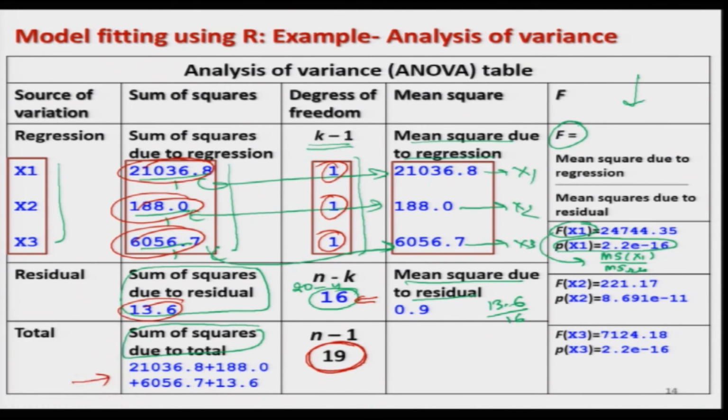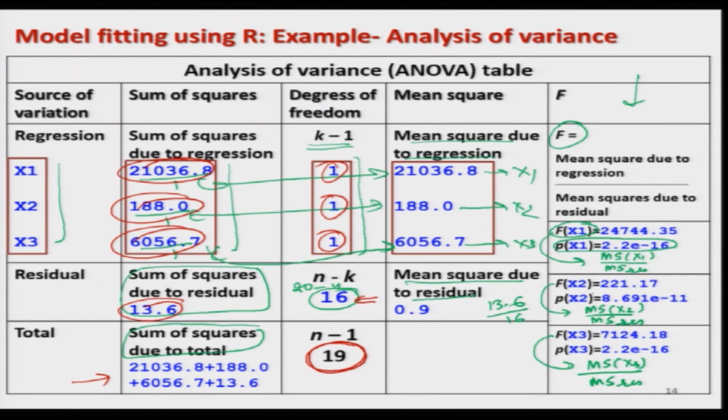Similarly, the second row is the F statistics for x2. This is the mean square due to x2 divided by MS res, and similarly the third one is the F statistics for x3, which is the mean square due to x3 divided by the mean square due to residuals.